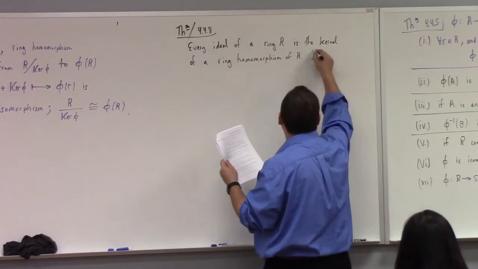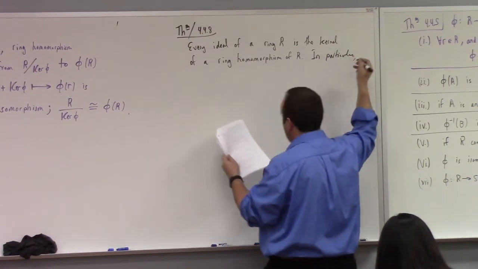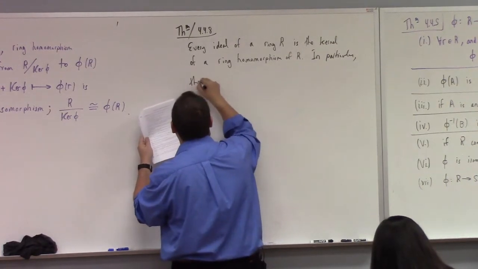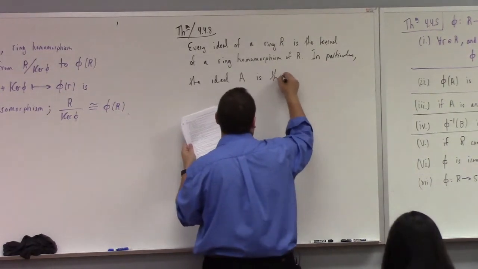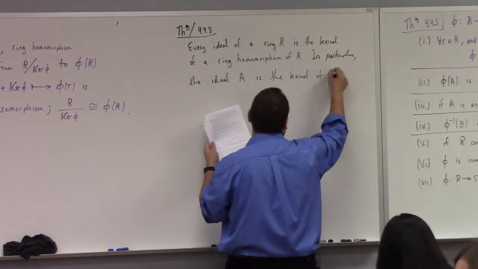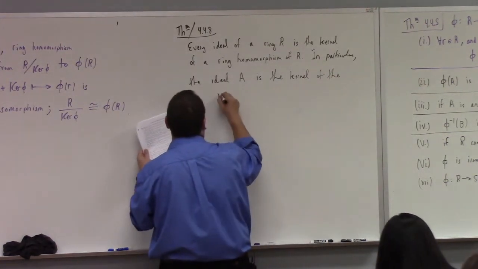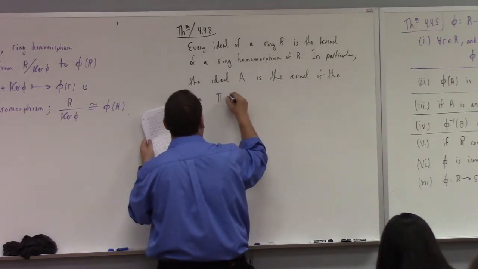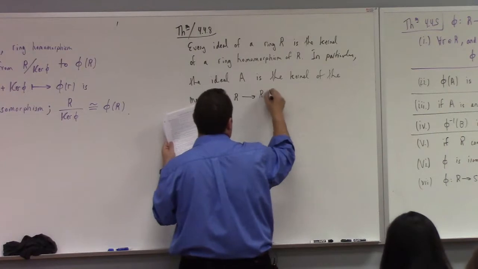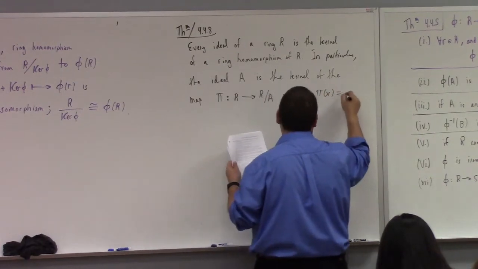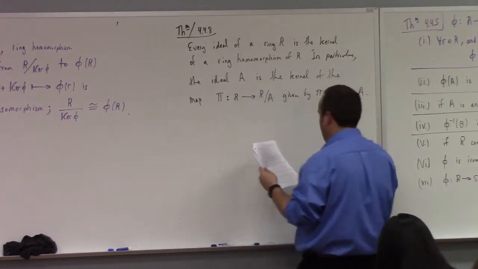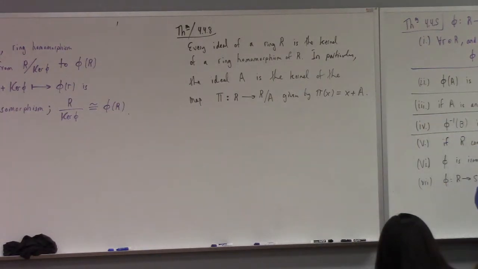And in particular, the ideal A is the kernel of the map pi from the ring to R mod A given by pi of x equals x plus A. I mean, that's the specifics of how it's the kernel of a ring homomorphism.